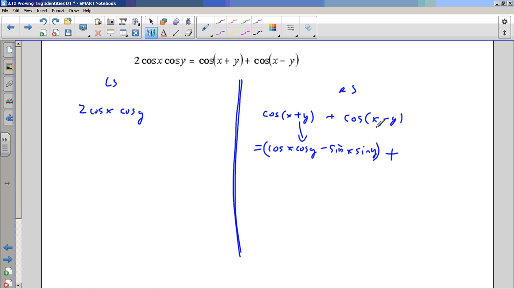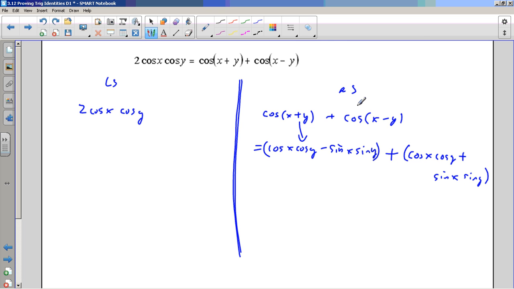And what's the cos of x minus y? Well, if you don't remember it, you can look it up on your formula sheet for right now, but it's cos x cos y plus sine x sine y. Well, how does that help us? It's starting to look bad again. Am I on the dark path? No. This is actually pretty nice.